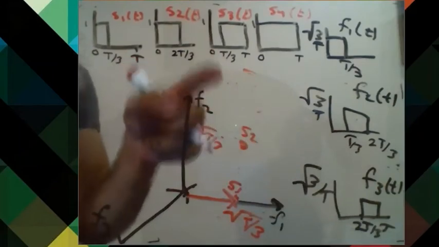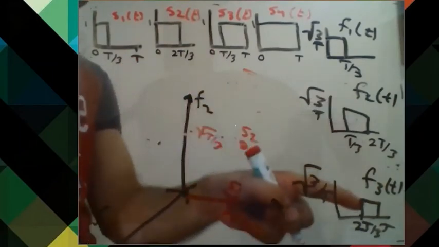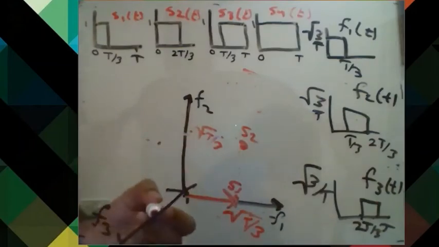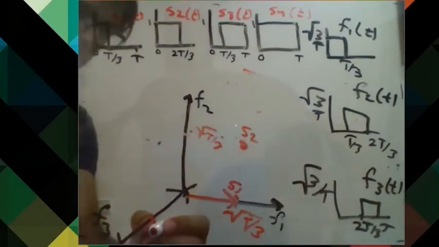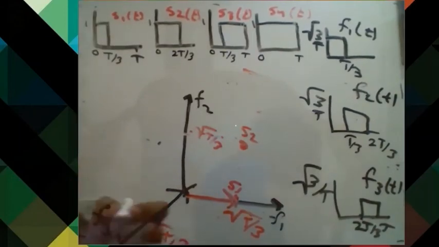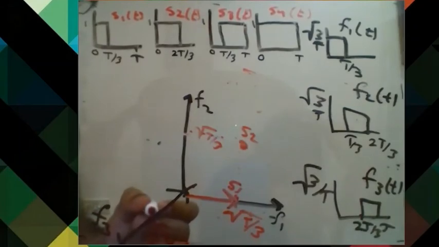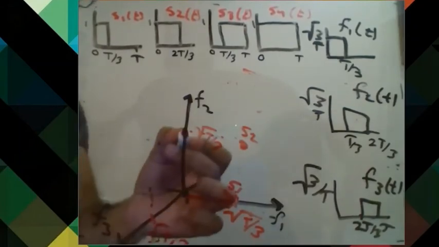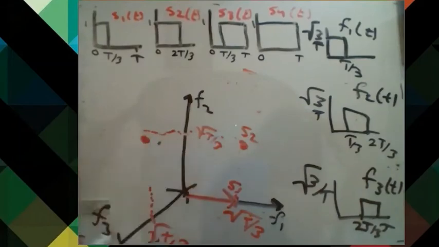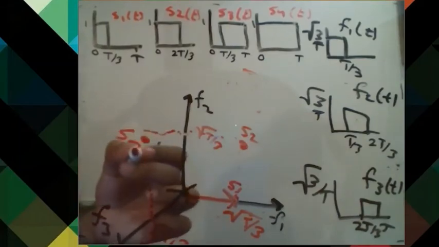So S3 is made up of F2 and F3. I have to multiply F3 with again under root T by 3, and when these values meet up at this point, it makes S3.